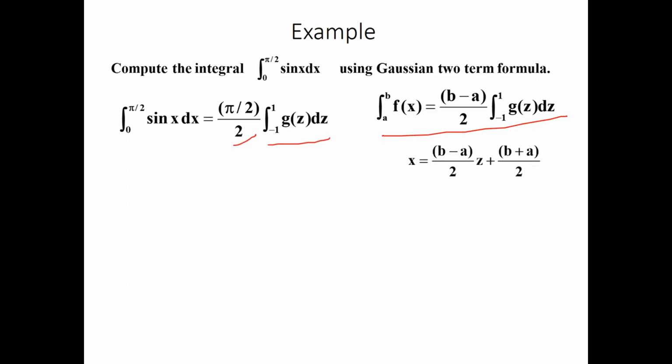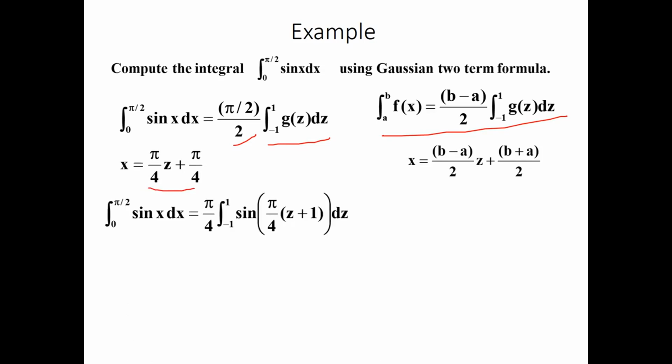For the 2-point formula, this is the value of x, which we already know. So we write x is like this: pi by 2 by 2 means pi by 4, z plus pi by 4. dx we can write, and this becomes pi by 4 dz.